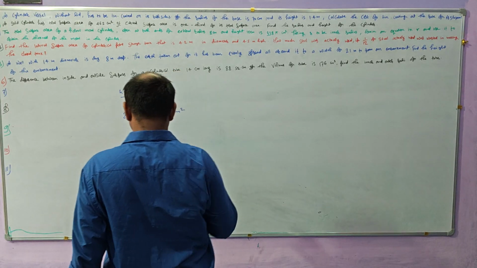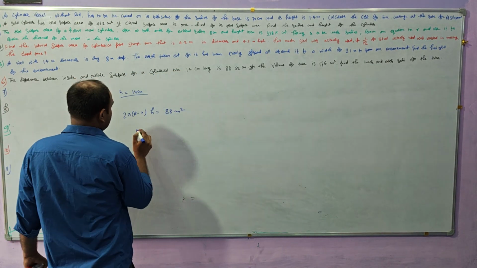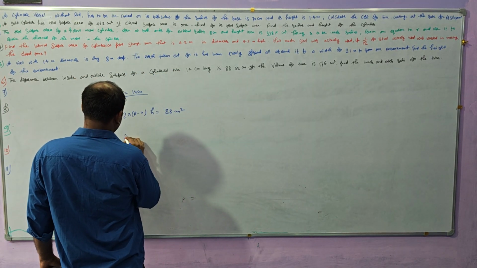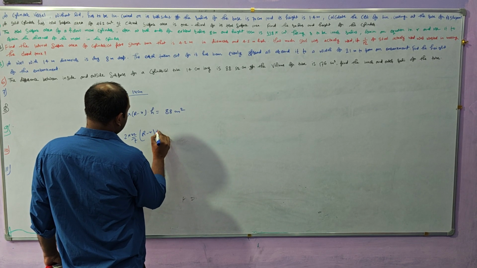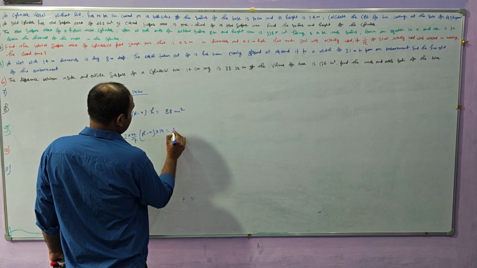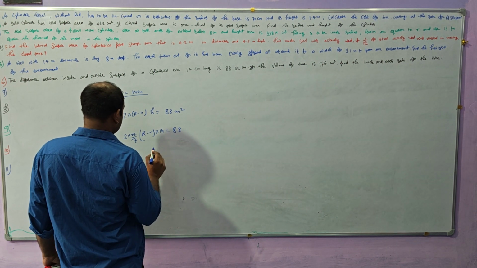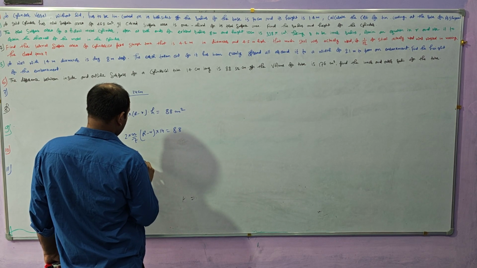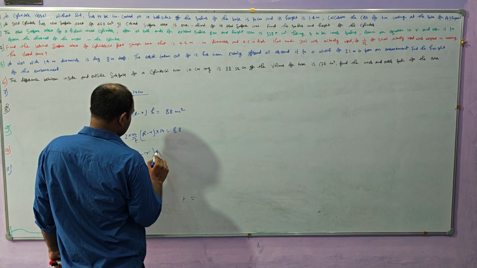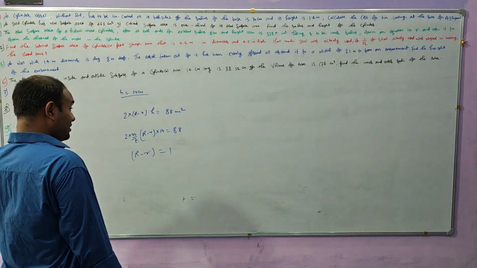So we can say 2 into 22 upon 7 into R minus r into 14 is equal to 88. So R minus r is equal to 1.